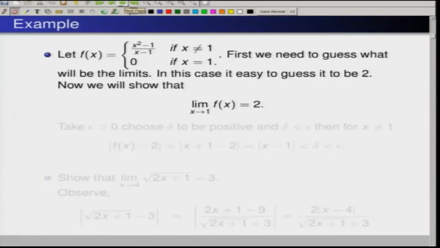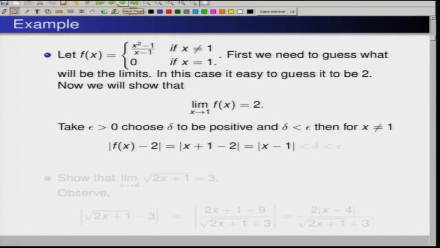We start with an epsilon positive and choose a delta positive which is less than epsilon. If x is not equal to 1, look at mod of f of x minus 2, which is equal to mod of x square minus 1 by x minus 1, and x is not equal to 1.